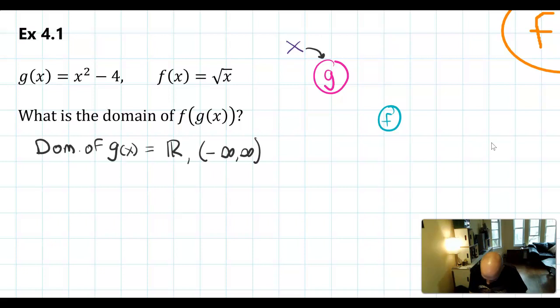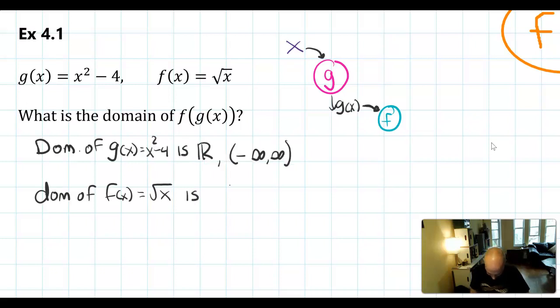But then we get our outputs g of x, and those outputs from g of x have to somehow go into f of x. So we need legal outputs from g that go into f. Well, the domain of f of x, which is equal to root x, sorry, I'm going to clean up my notation here, is x needs to be greater than or equal to 0.